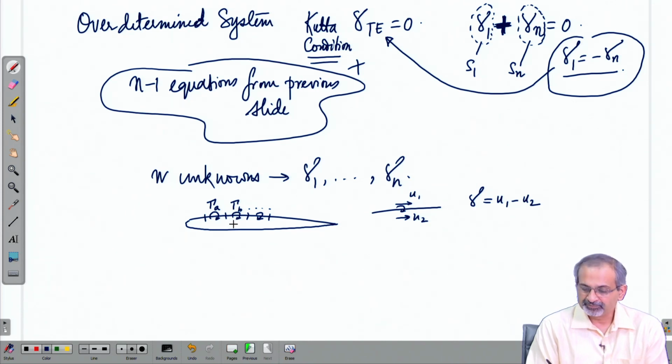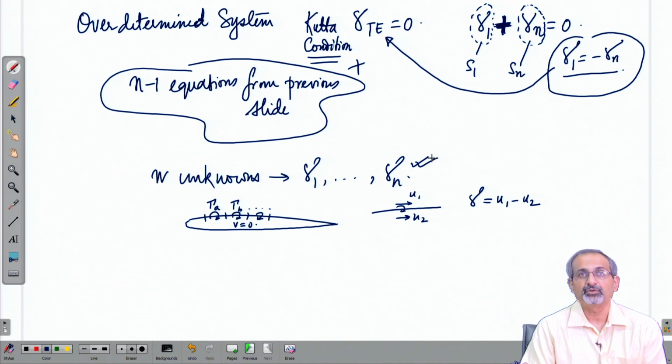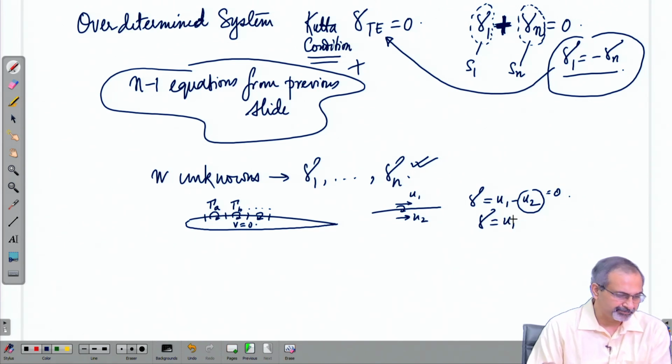Inside the airfoil, the velocity should be 0. The airfoil is a streamline of the flow if you have solved the problem appropriately with the appropriate values of gammas. In that case, there is no flow inside, therefore, the u2 here is essentially 0. So, the gamma gives you u1, which is basically the local tangential velocity.